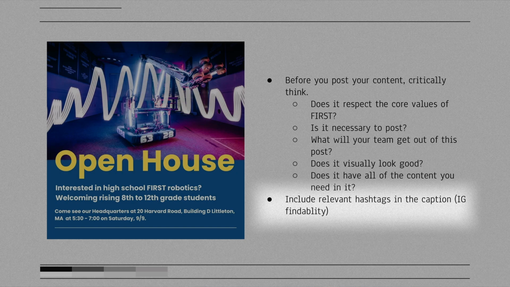And of course, my last bullet is very important. Include hashtags, because hashtags, especially on Instagram, are a really good way to get just a little bit more views. So if you said something like hashtag FRC or hashtag Crescendo for the 2023 or 2024 season, it helps send your content out to the people who like that sort of content.